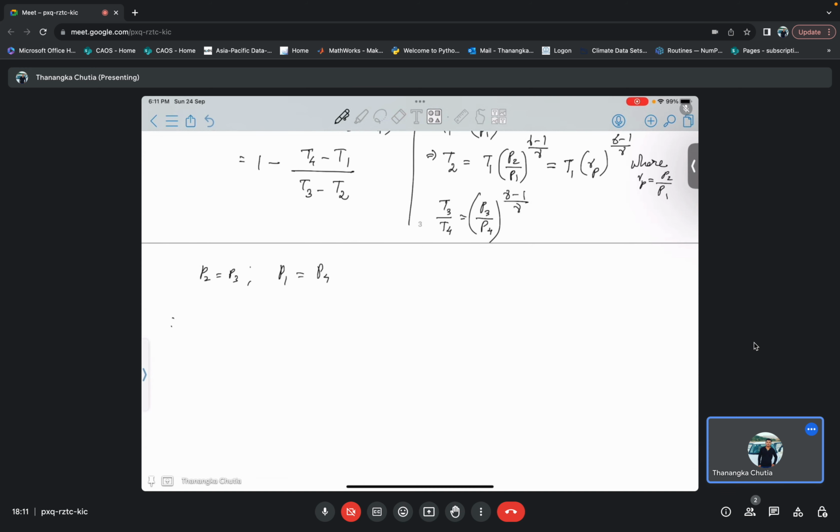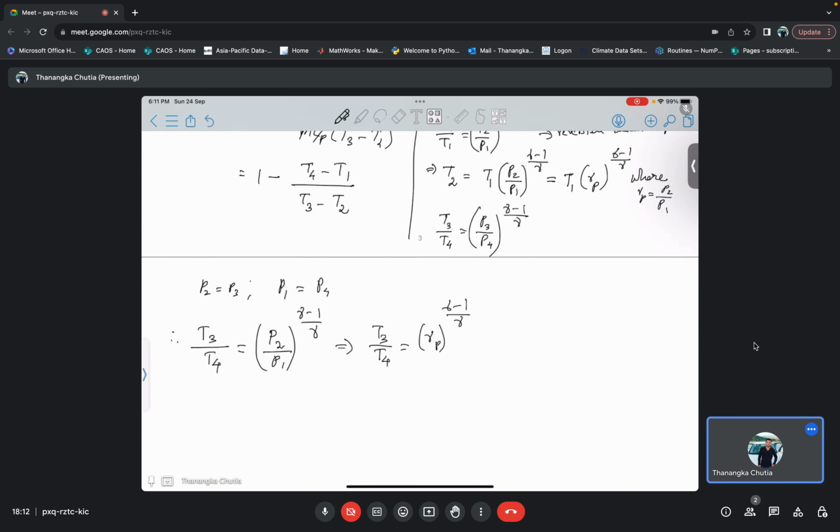So T3 divided by T4 is nothing but (P2 divided by P1) to the power (gamma minus 1) divided by gamma, which is Rp to the power (gamma minus 1) divided by gamma. Clear?